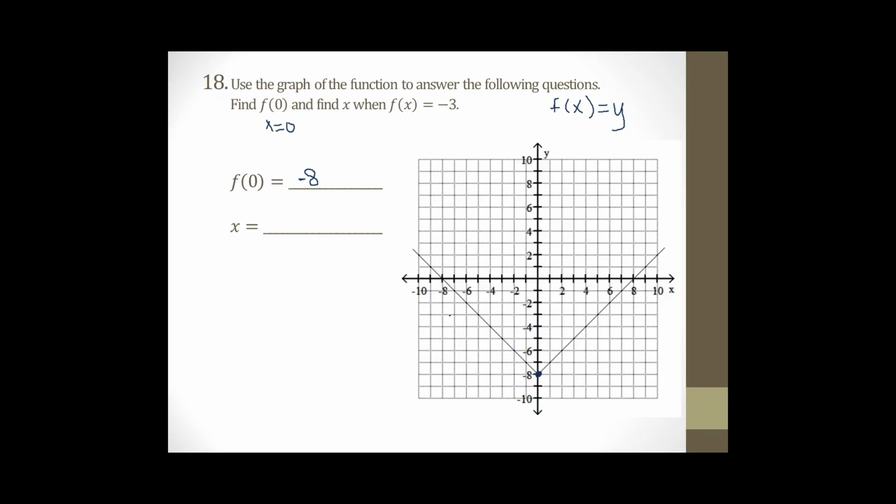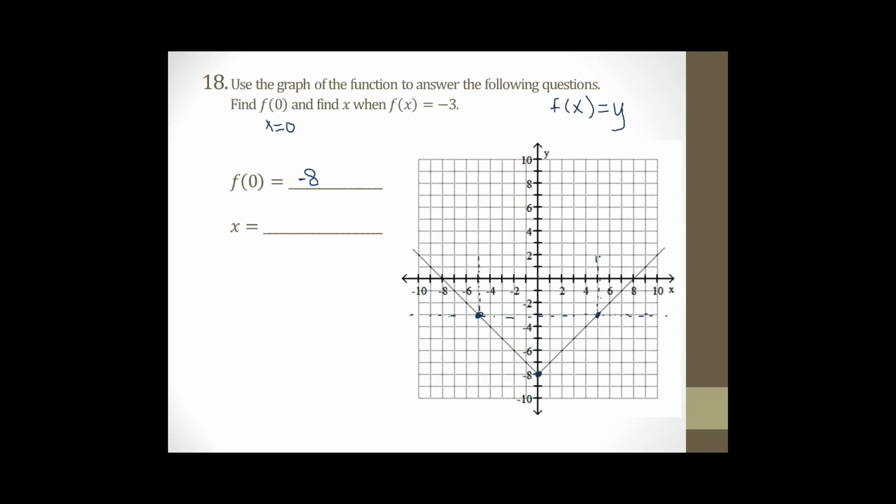Let's just draw a dotted line to help us see what's happening on our graph. Okay, so as you can see, when y, or f of x, is -3, there's actually two x values. So here and here.